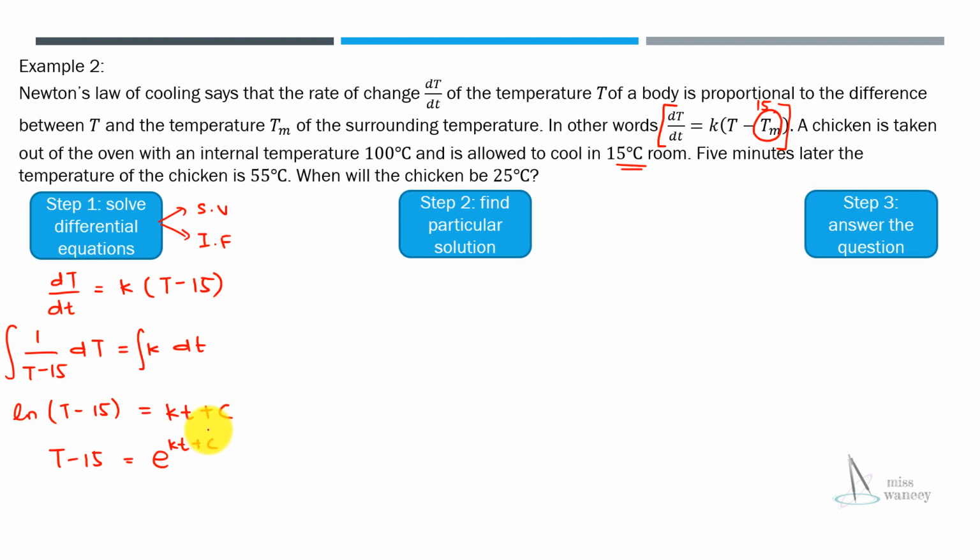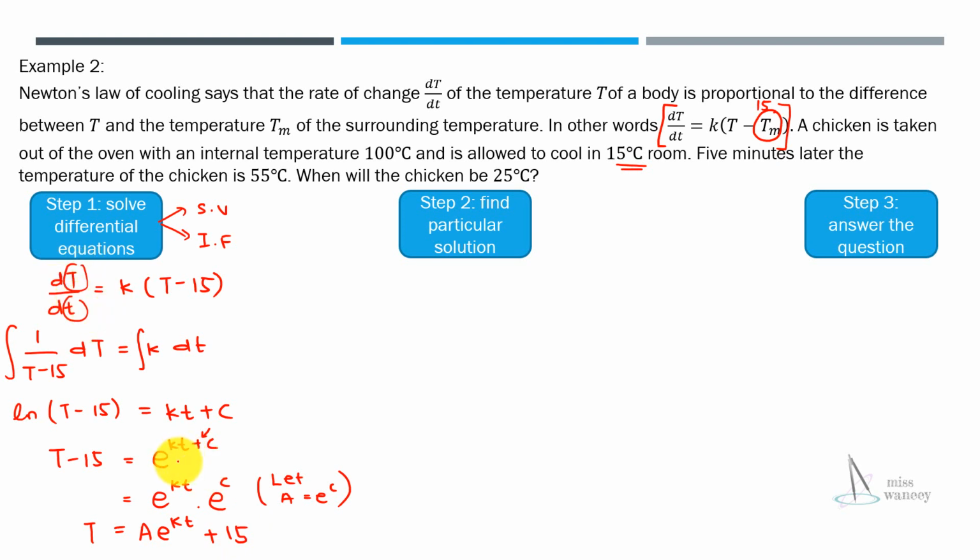And since we have a plus over here, we can actually separate them into two. So we have e^(kt) multiplied with e to the power of c, and then we can let A equal to e to the power of c. Therefore, T is equal to Ae^(kt) plus 15.